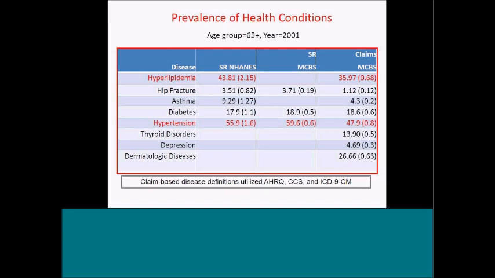Because of the ICD-9 codes, the people write, if you're going for the diabetes, they write it, so that is captured in a routine care visit. If you look at the hypertension, again, there is a little bit of underestimation in the claims-based definition of MCBS.